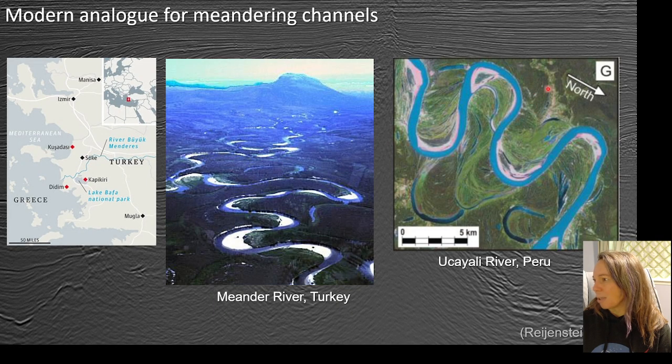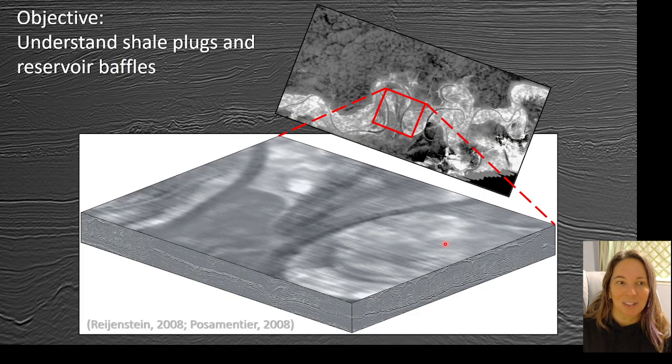It even looks like we've got some oxbows, kind of abandoned channels also in our modern analogs. And so when we go into looking at our seismic data, we want to keep these in mind now, because they could be very important depending on the purposes we're interpreting for. But oftentimes you can have shale plugs that can act as reservoir baffles, so it's important to know about them.